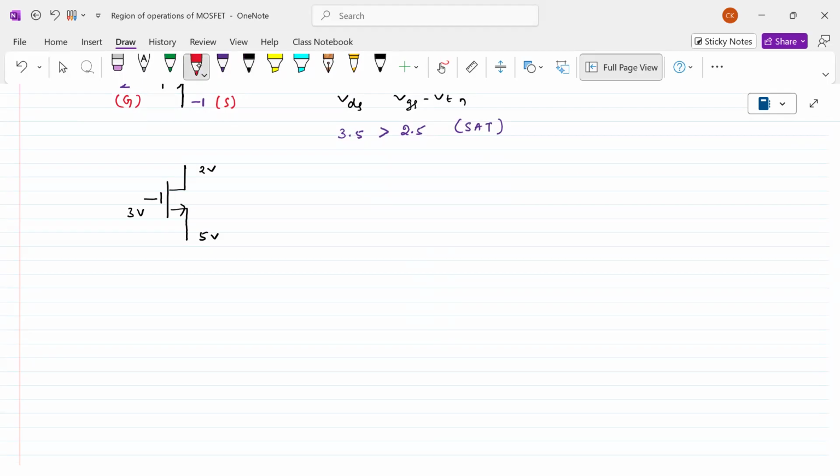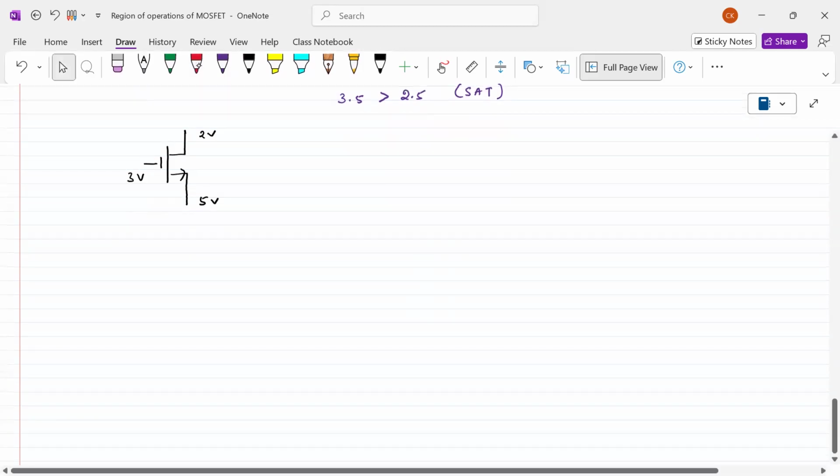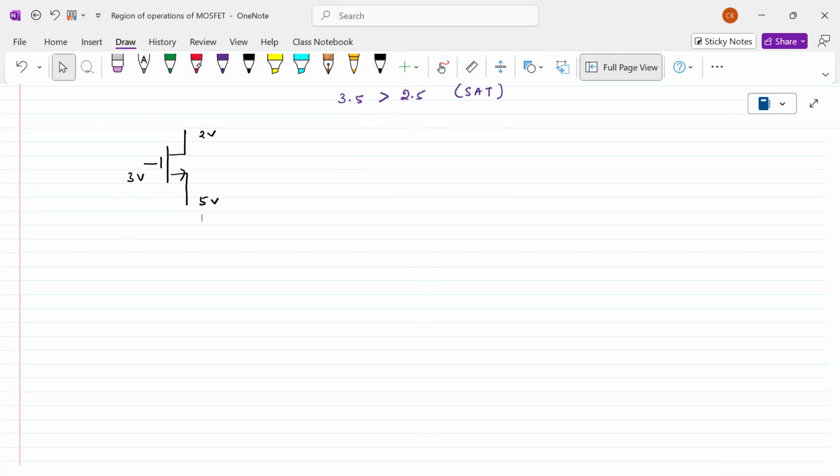Which one is the source, 2 volts or 5 volts? What have we learned from basics? The lower potential should be the source. 2 volts is lower, so that is called the source.